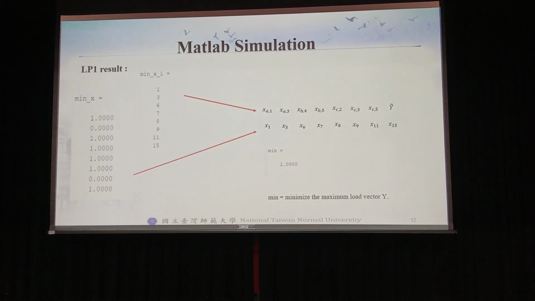And then I will find the answer according to the result of LP1 in matrix dash S. 1 represents a possible connection, and 0 represents no connection.